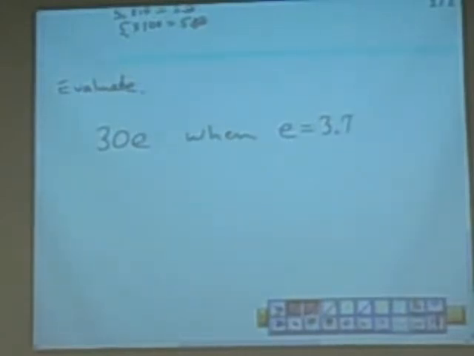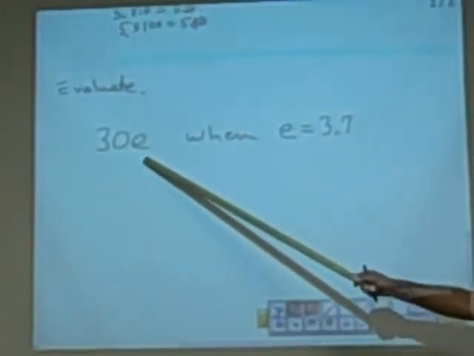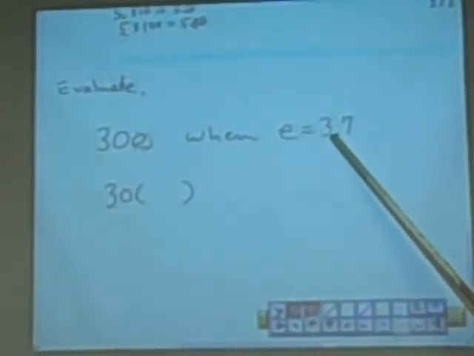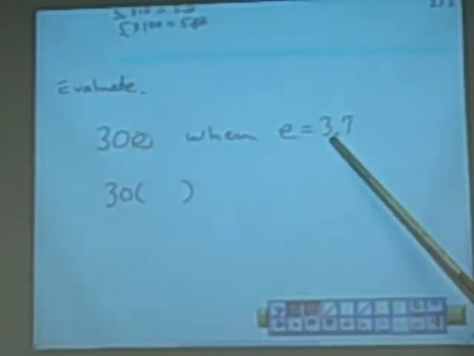Okay, well, we're looking at the 30 and the E, right? And what can we say the operation is between the 30 and the E? Multiplication, right? So it's like we're cutting out that E and putting parentheses there, and we're going to put in those parentheses whatever E equals.